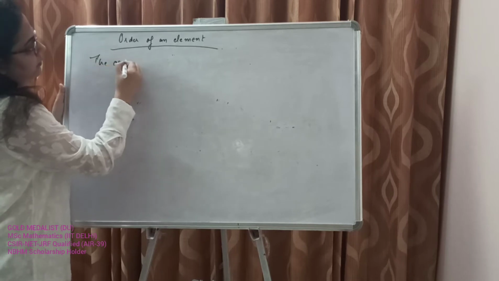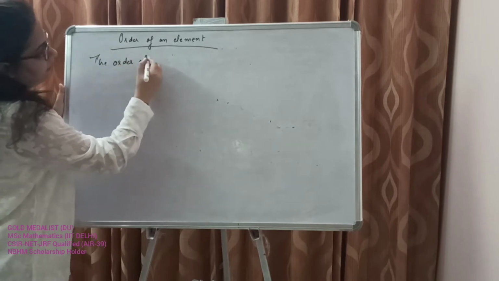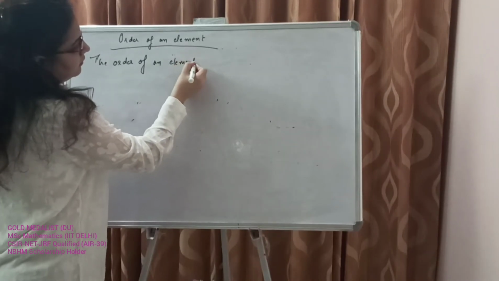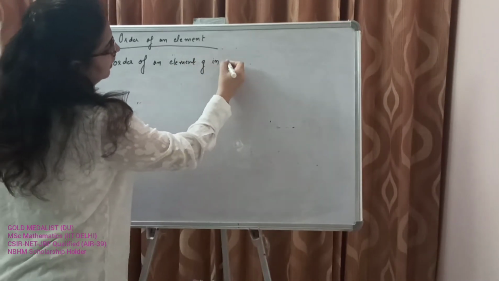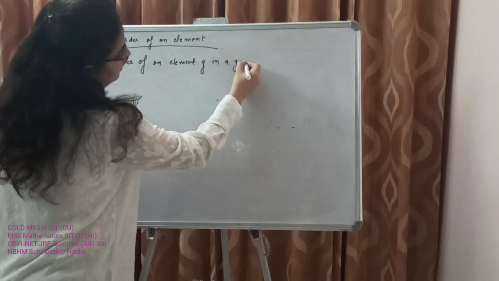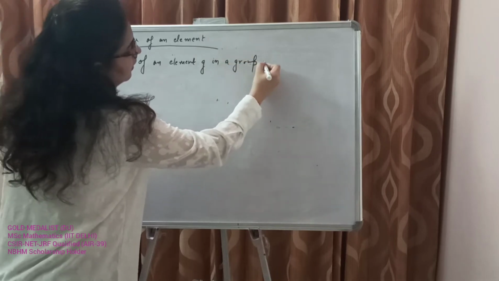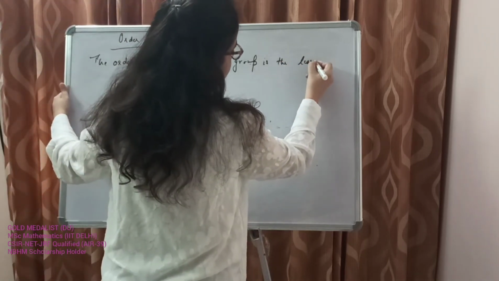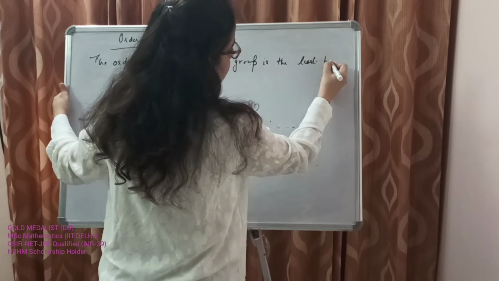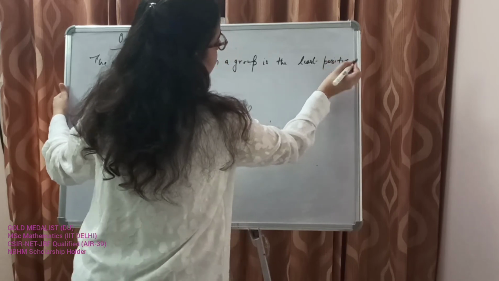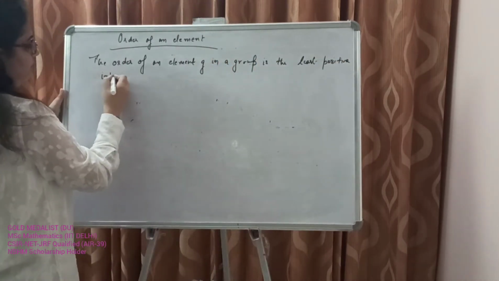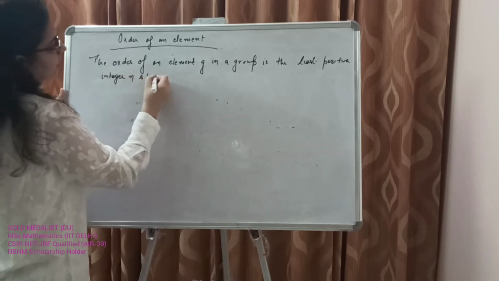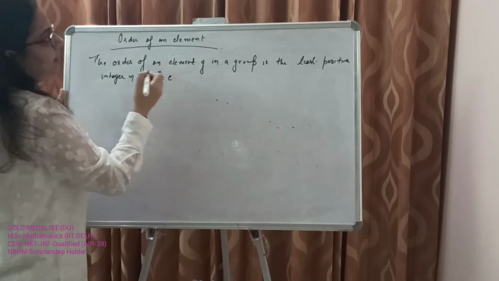The order of an element g in a group is the least positive integer n such that g power n is identity.